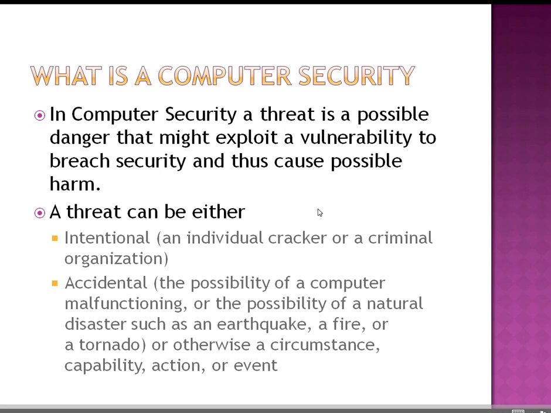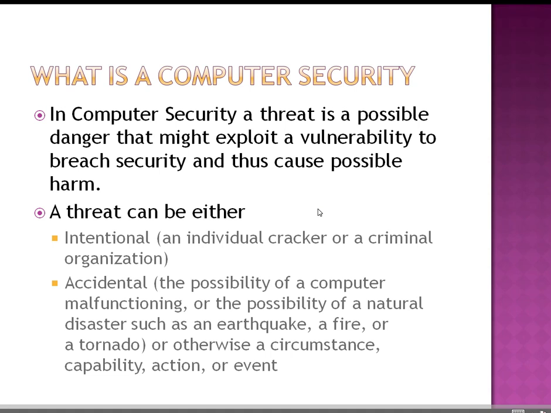So in computer security, a threat is a possible danger that might exploit and cause destruction of data. So they're causing possible harm. Here a threat can be either intentional or accidental. Intentional means a program is designed purposely to destroy your work.